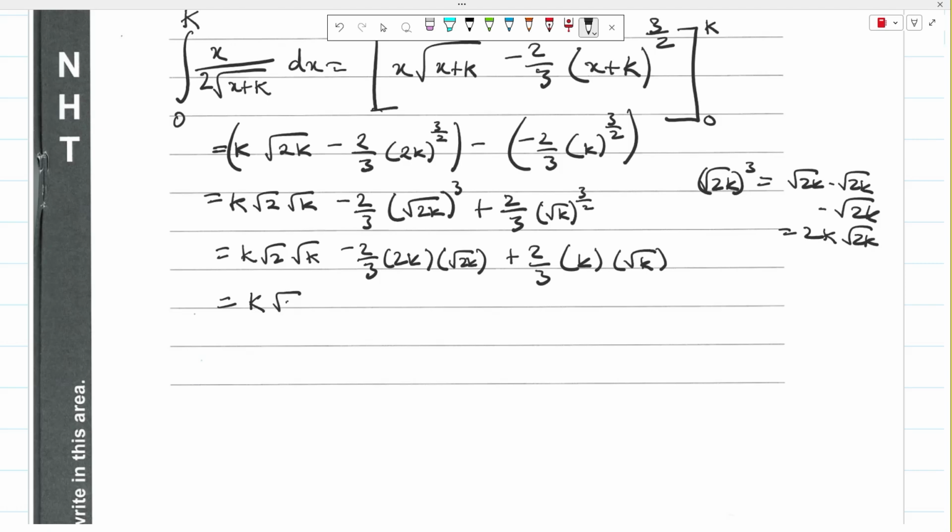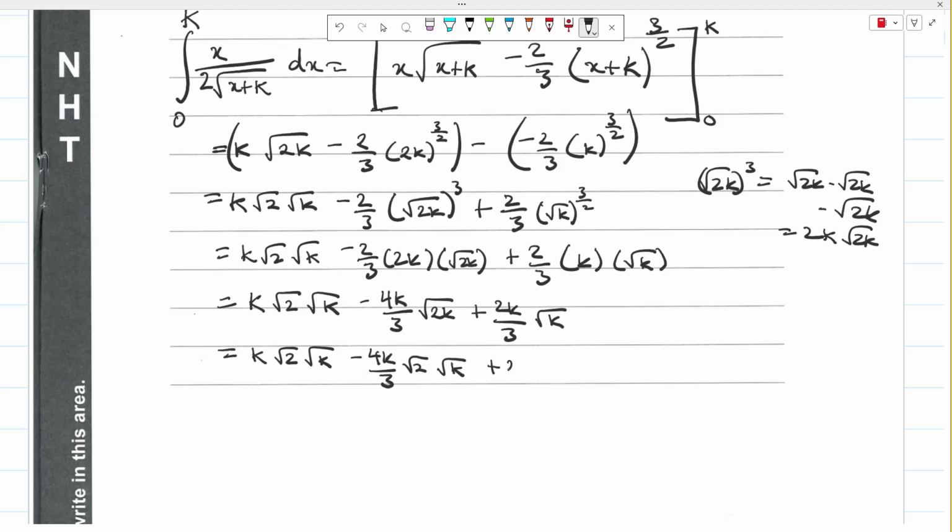Then you get k times root 2 times root k minus 4k over 3 times root 2k plus 2k over 3 times root k. And now we get k times root 2 times k minus 4k over 3 root 2 root k plus 2k over 3 root k.